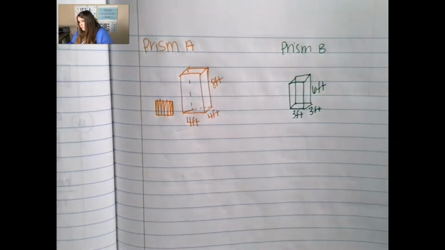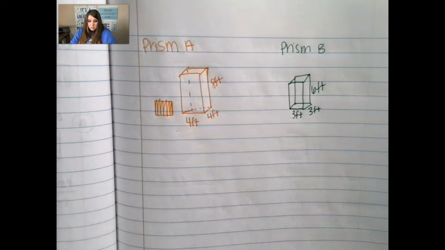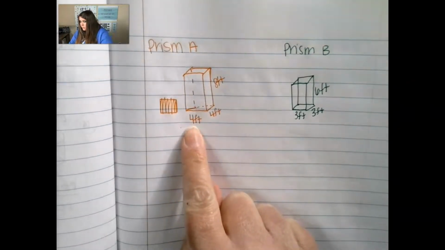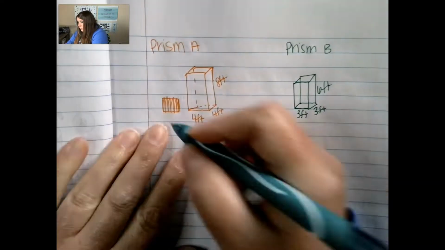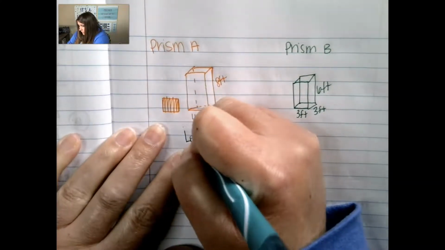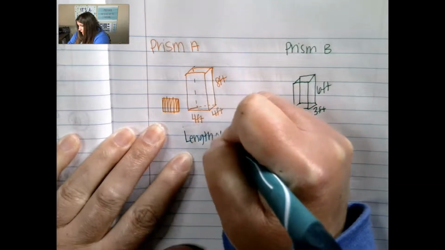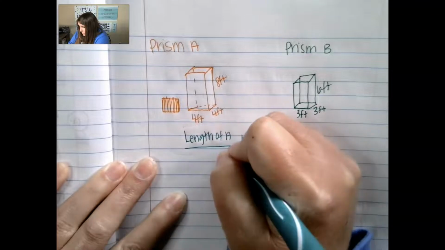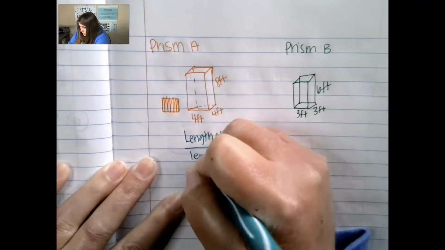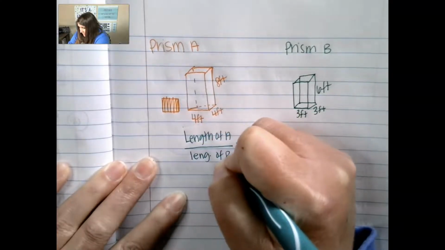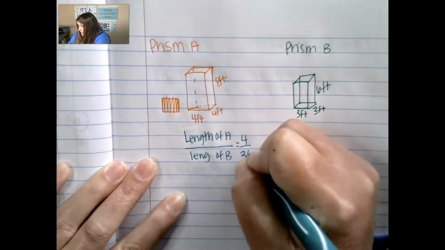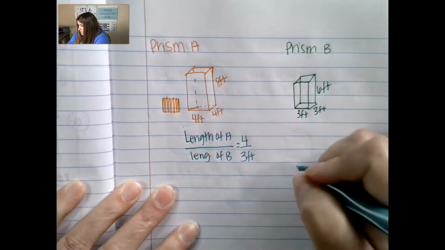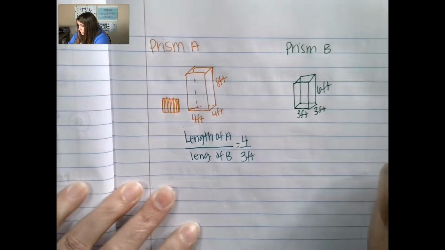So our job is to compare these different dimensions. First of all, let's look at the length. The length of A is 4 over the length of B, which is 3 feet. That is one fraction. So this fraction is 4 over 3.